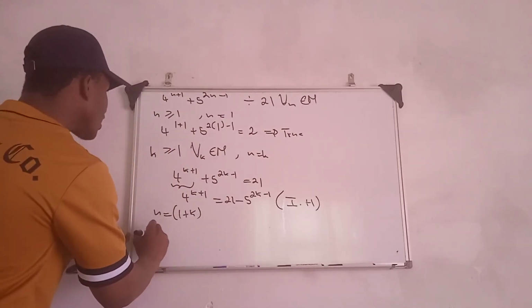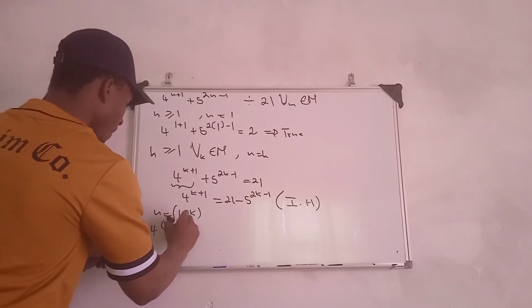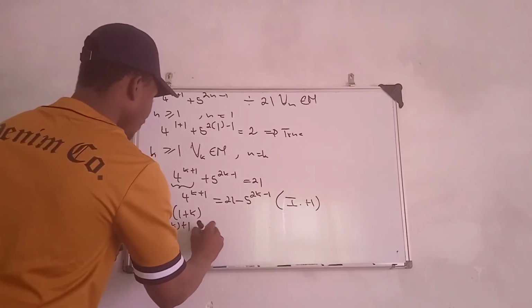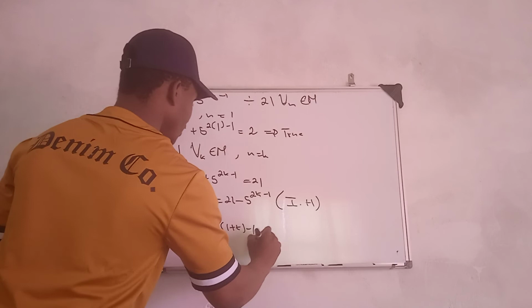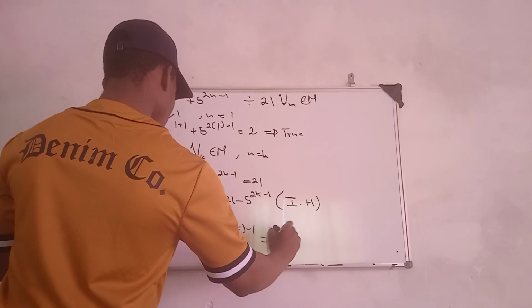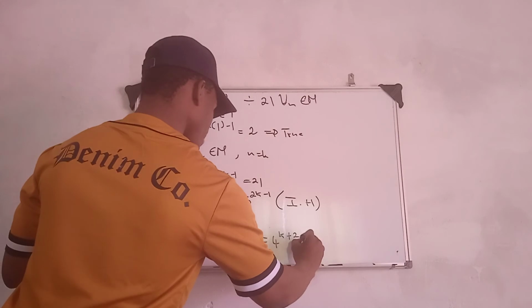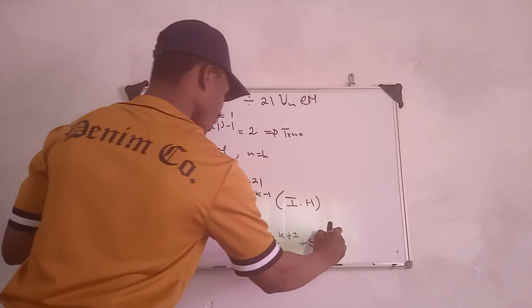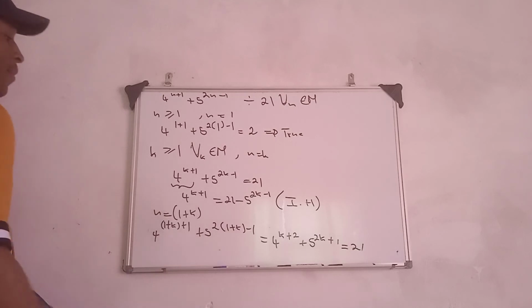So I'm going to have 4^(1+k+1) plus 5^(1+k)... minus 1, which is the same as 4^(k+2) plus 5^(2k+1), which equals 21.